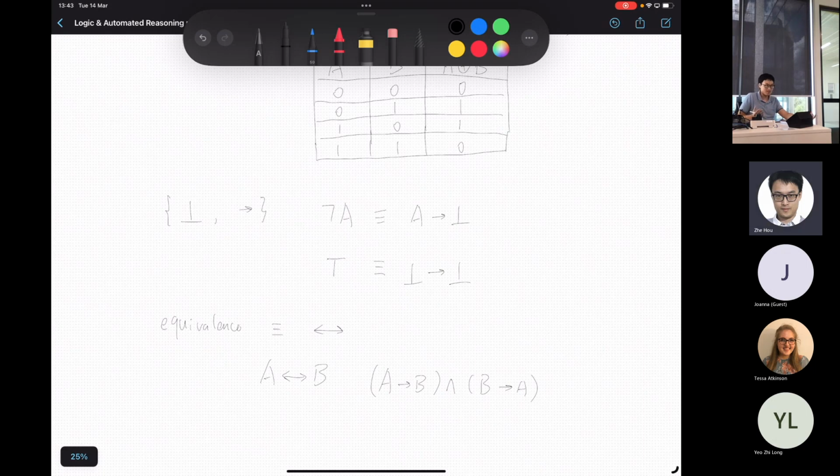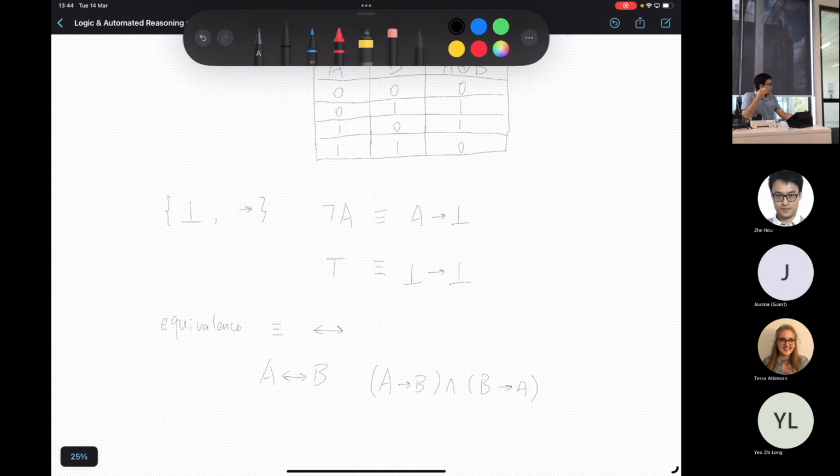That is equivalence. A implies B and B implies A, then they're equivalent. I think those are the useful logical operators we're going to have. Obviously, there are more, but those are the useful ones.